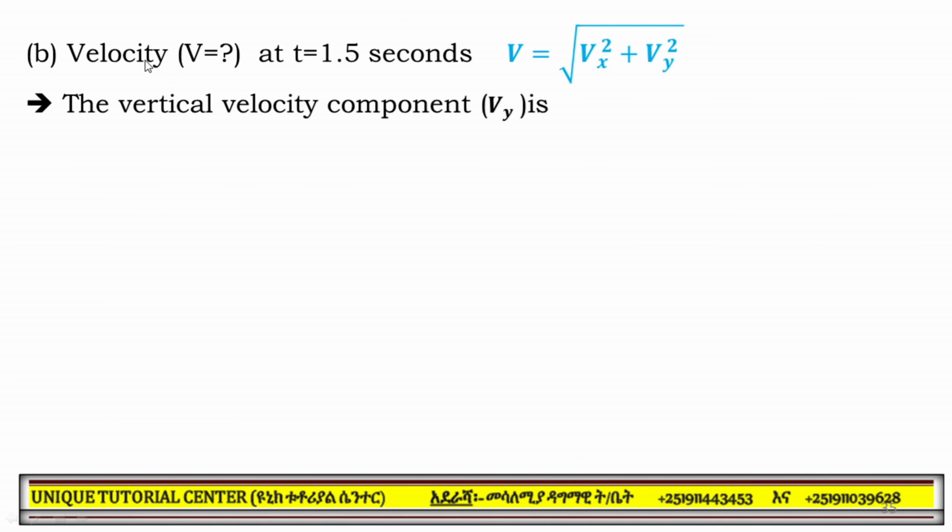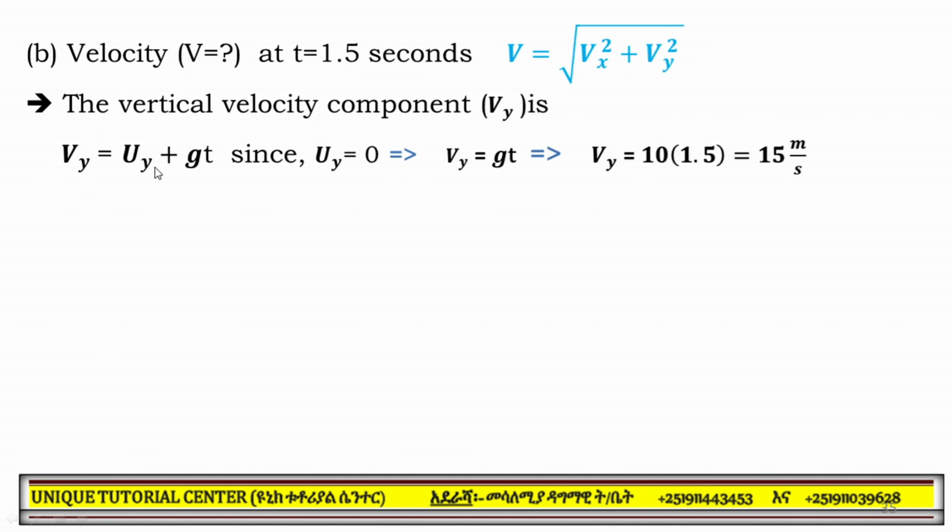So what will be the velocity v at time t equals 1.5 seconds? We know that velocity v is the square root of the combination of the horizontal and vertical velocity components. vx is the same as the initial velocity; it does not change. vy, however, depends on time t.